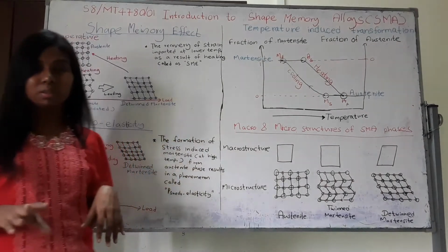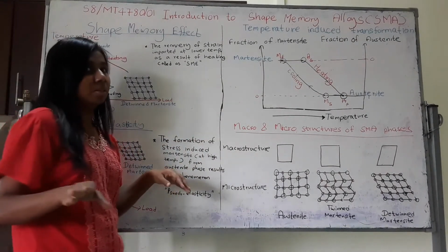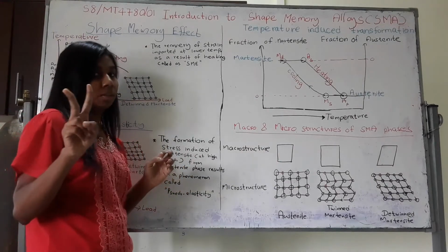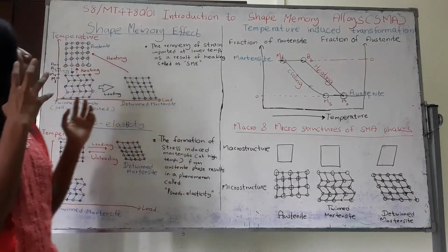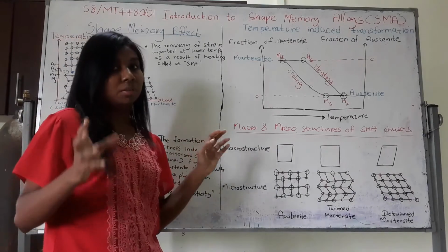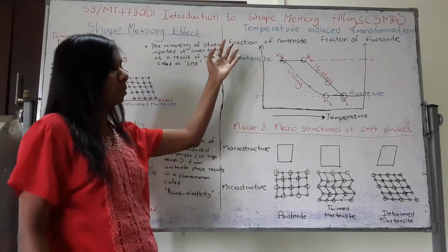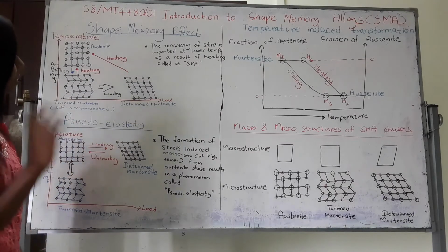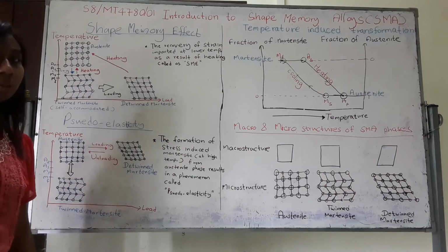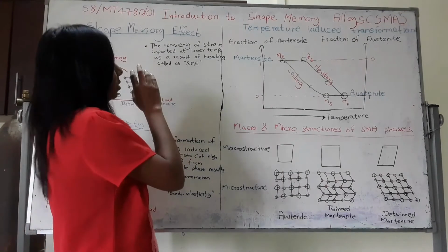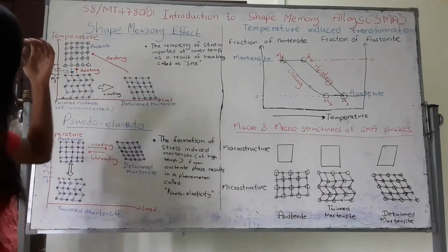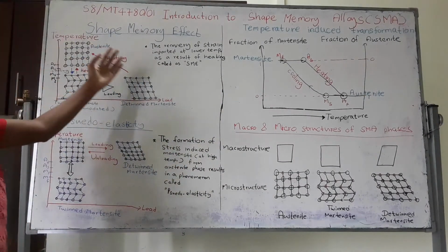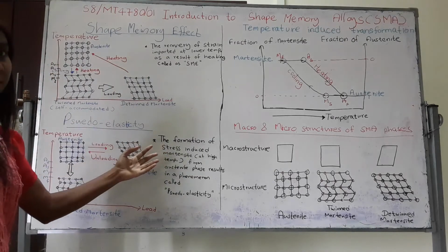In the beginning of this practical, I have mentioned that there are two stimuli which cause a significant amount of properties to be added to the shape memory element. Those two stimuli cause two important phenomena: shape memory effect and pseudo elasticity.